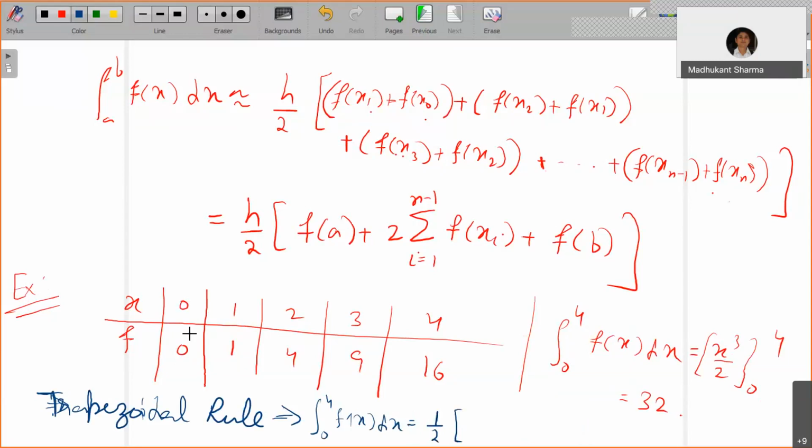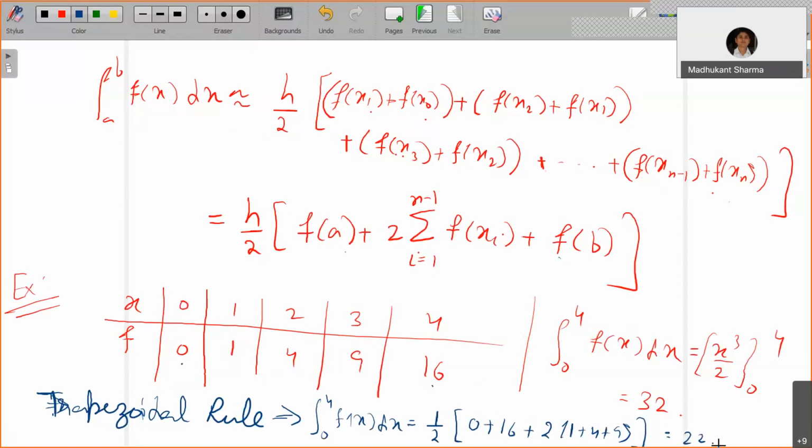f of a, that is f of x naught, that is 0, first value, plus last value, 0 plus 16. So this is the first value and last value together, plus 2 times the sum of the intermediate values. So this is 2 times 1 plus 4 plus 9. So what it will be is 22.